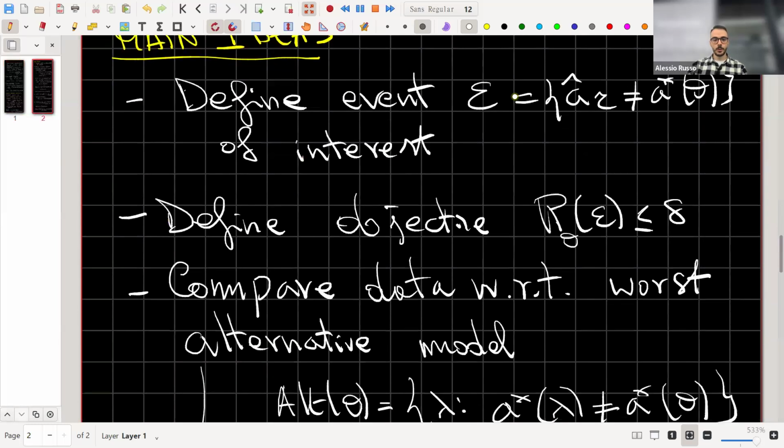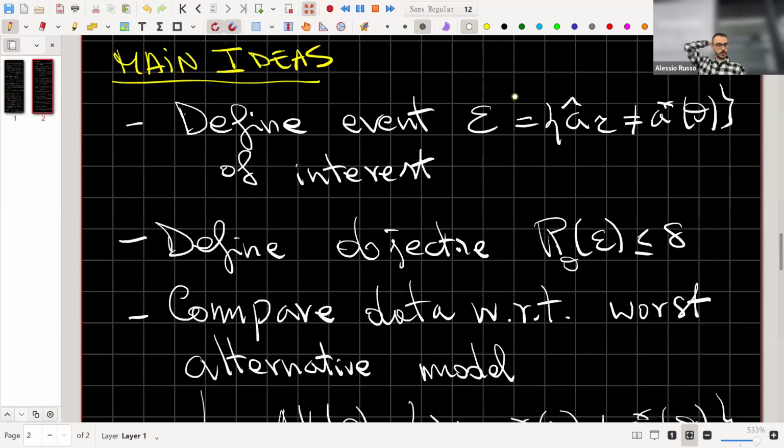The last time, what we derived in the second part was the lower bound. And here we'll try to explain the main ideas. First of all, in every problem, you need to define what your objective is. What is your event of interest? Your event of interest is that you want to identify a certain arm.